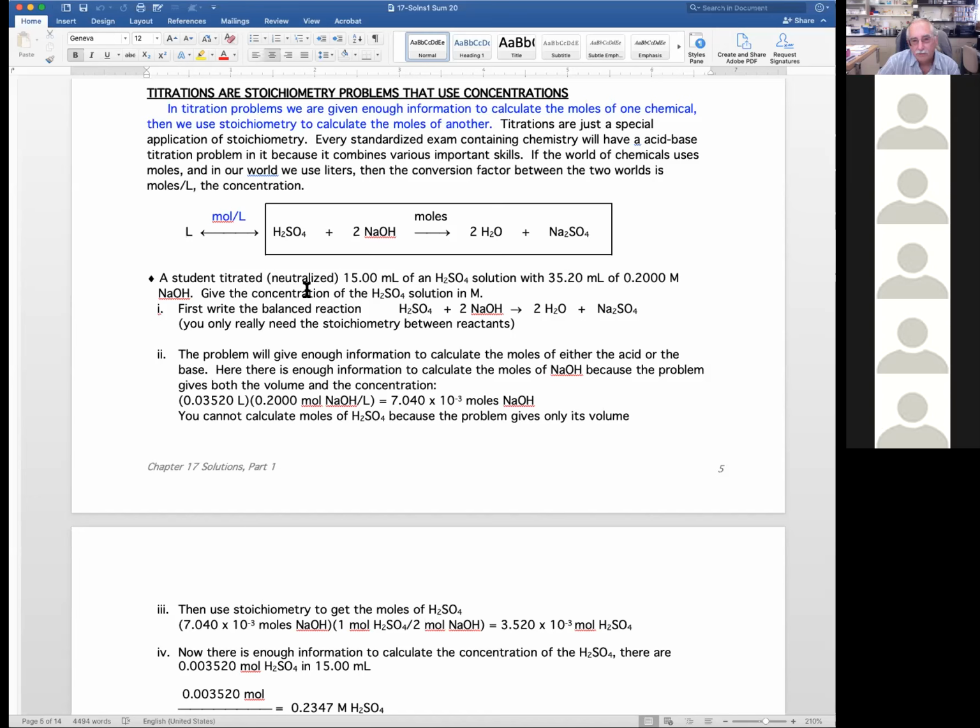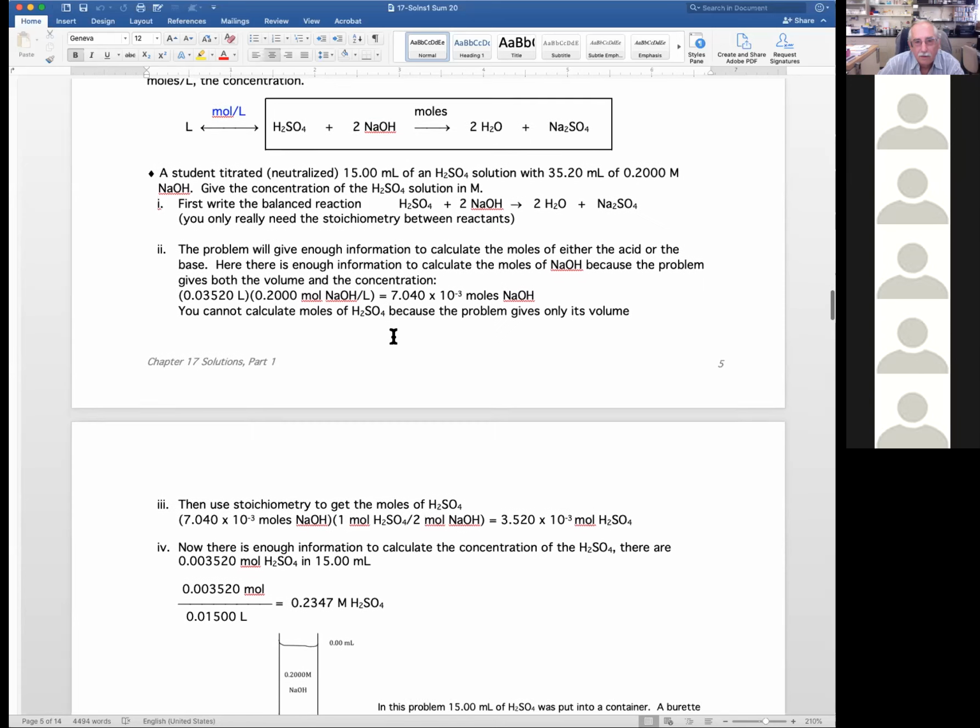So a student titrated, or neutralized, 15 milliliters of a sulfuric acid solution with 35 something milliliters of a 0.2 molar sodium hydroxide solution. In laboratory talk, we would call this a standardized solution of sodium hydroxide simply because we know its concentration. So you need the chemical reaction because you have to use the stoichiometry.